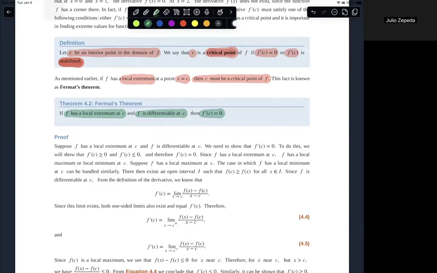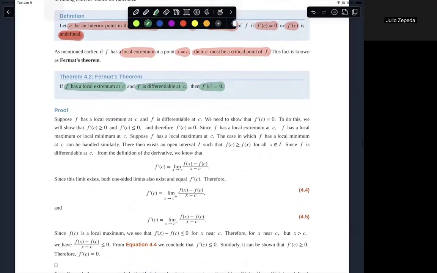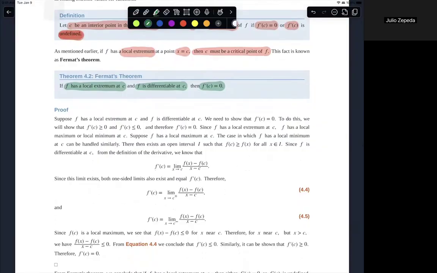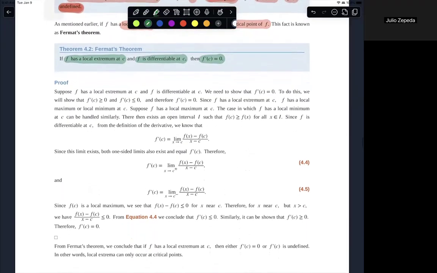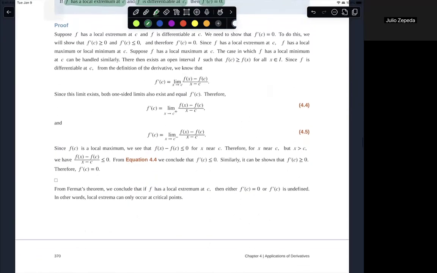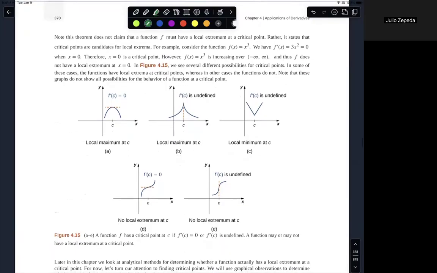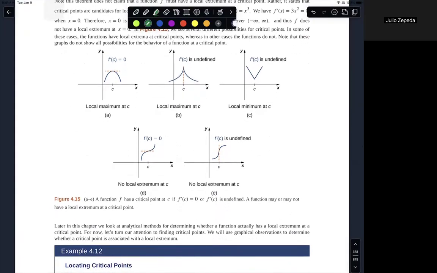Okay, nice. It's also possible that f is not differentiable at C. If f is differentiable at C, then the derivative must be 0. And there's a nice proof for that here in the book. We can skip that.